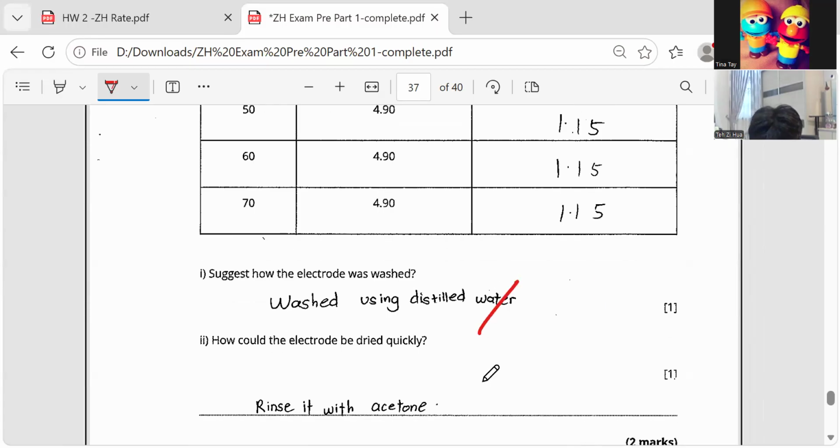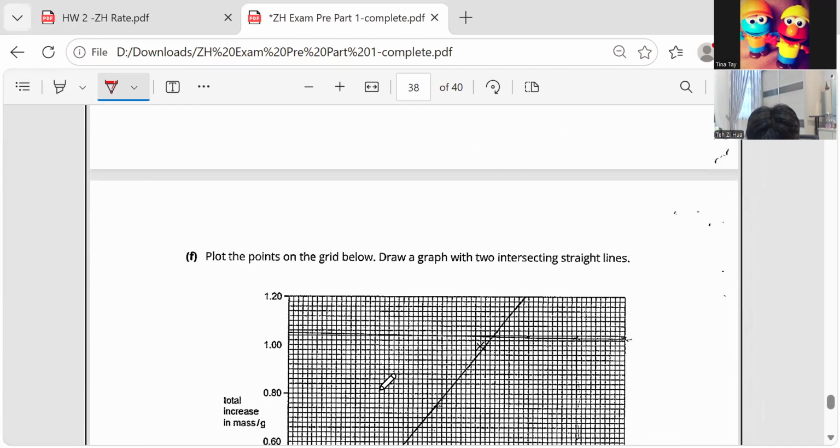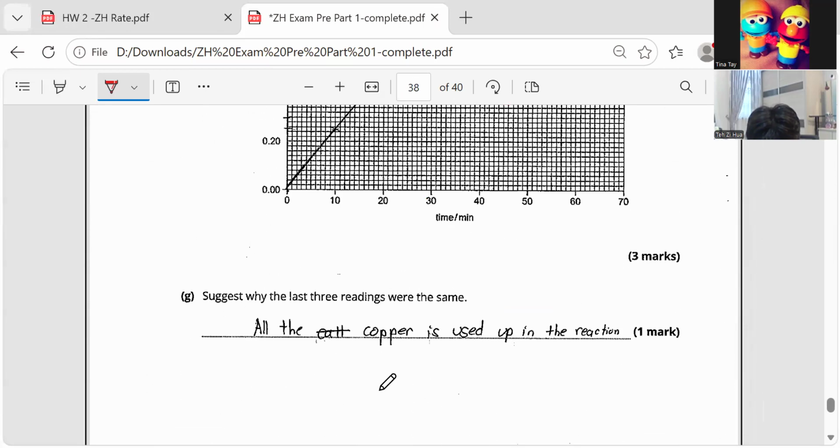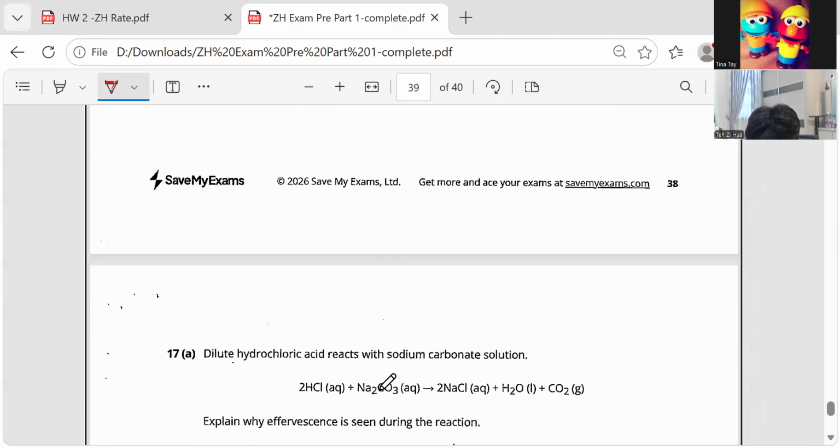What should I still done? Nah, dry quickly, just put in the oven. Not acetone. Acetone will dissolve in the water. Okay, right.